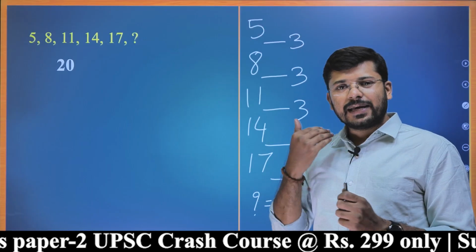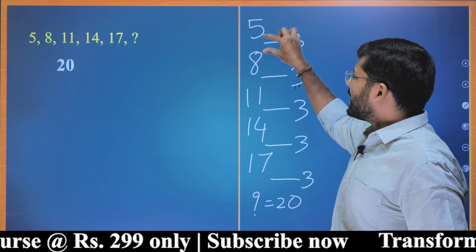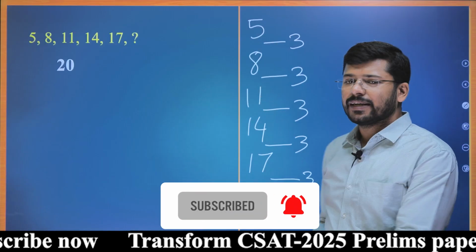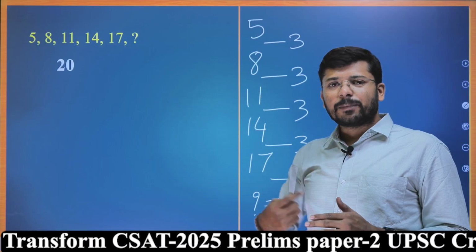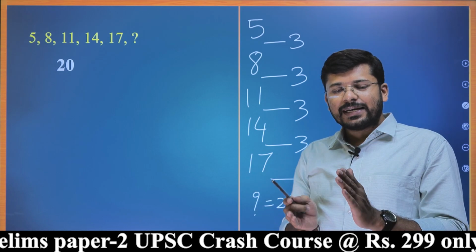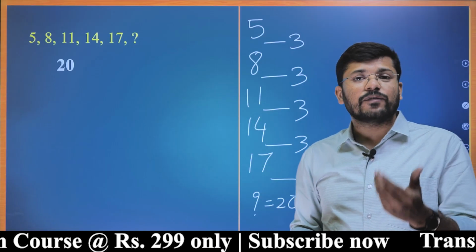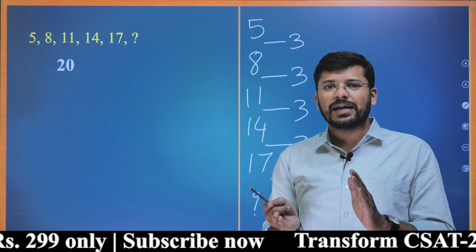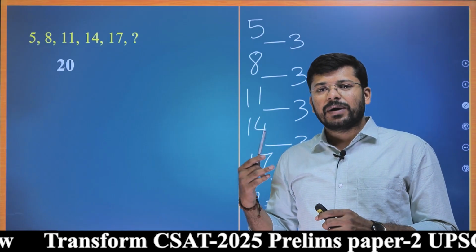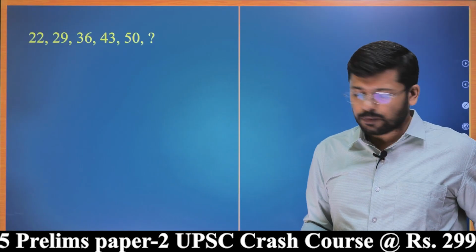By ratio, I mean there will be either multiplication or division. Here you can think of it as addition: 5 plus 3 is 8, 8 plus 3 is 11, 11 plus 3 is 14, 14 plus 3 is 17. Sometimes there can be subtraction. When there is addition or subtraction, I call it difference. When there is multiplication or division, I call it ratio. You will understand them better by solving such examples. Okay, we'll go to the next question now.